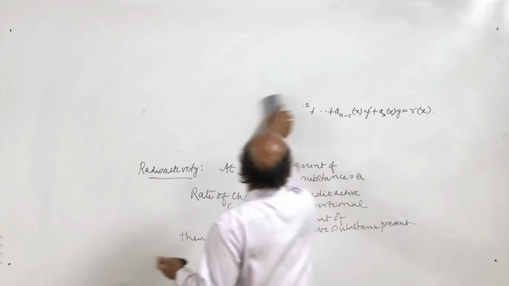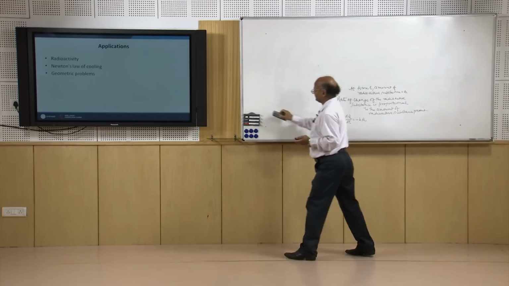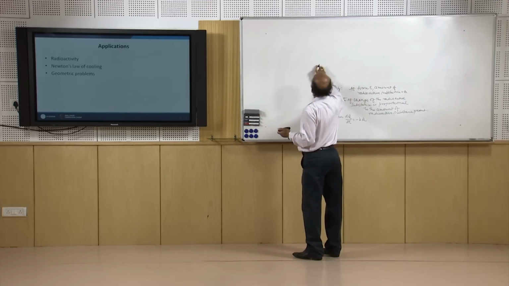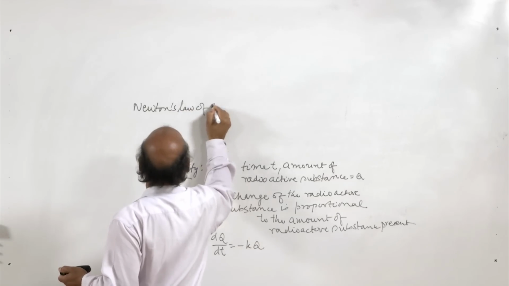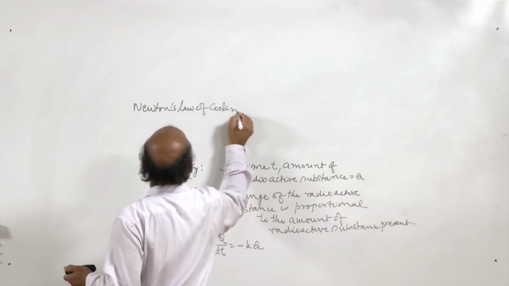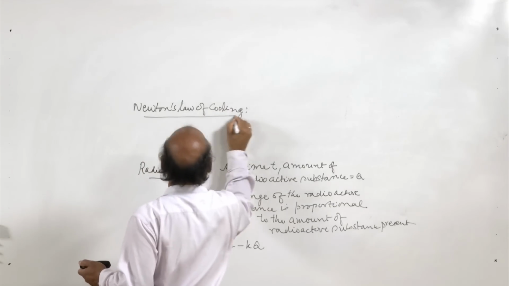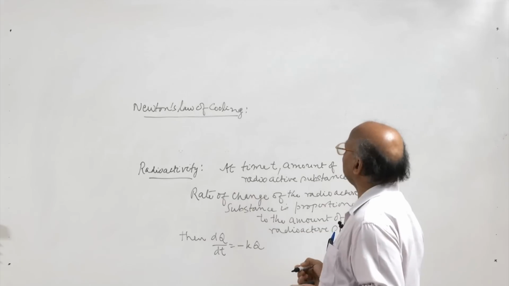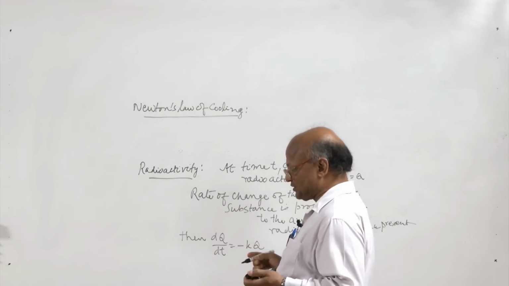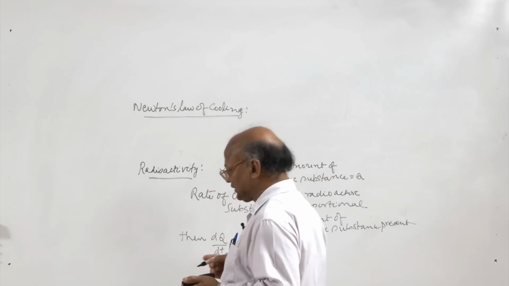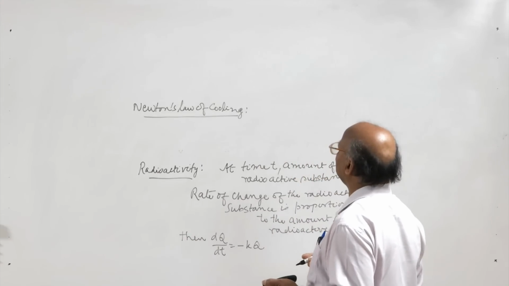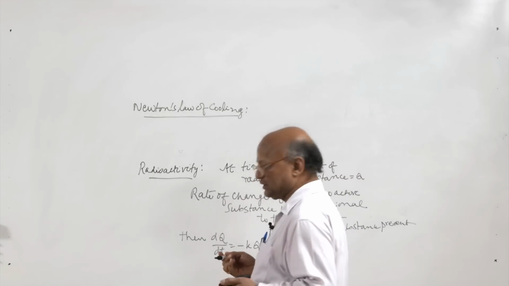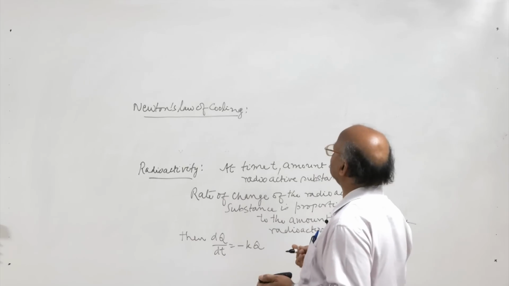Another example we can take: it is known that if T is the temperature of a body, then the rate of change of the temperature T of the body is proportional to the difference between the temperature of the body and the surrounding medium.